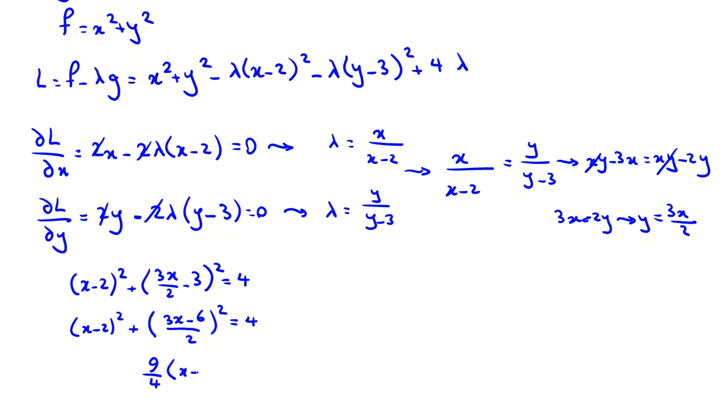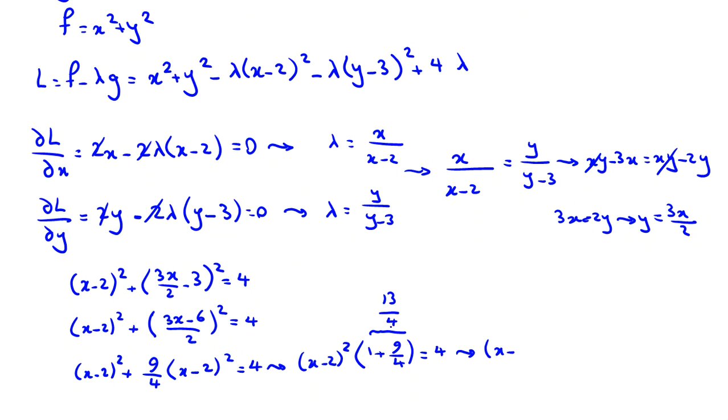So we have (x minus 2) squared times (1 plus 9 over 4) equal to 4. And here it is 13 over 4. If we multiply by 4 over 13, then we have 16 over 13. So x minus 2 equals plus or minus 4 over root 13.